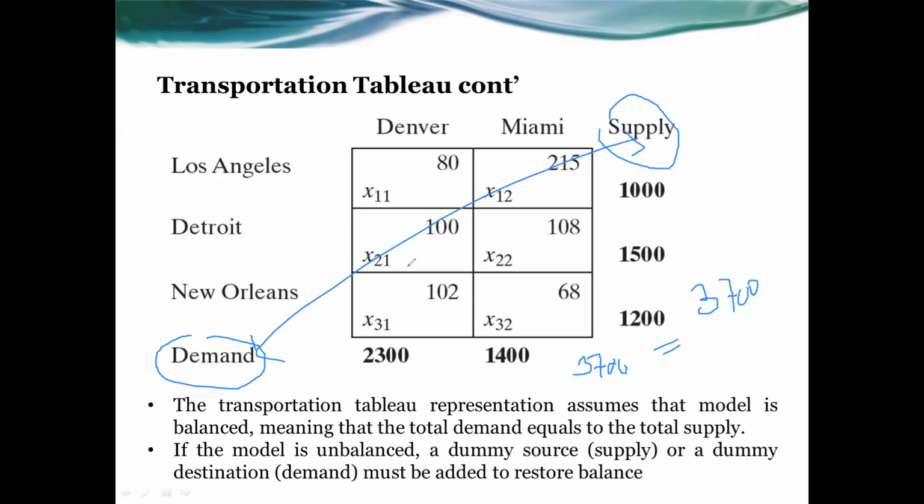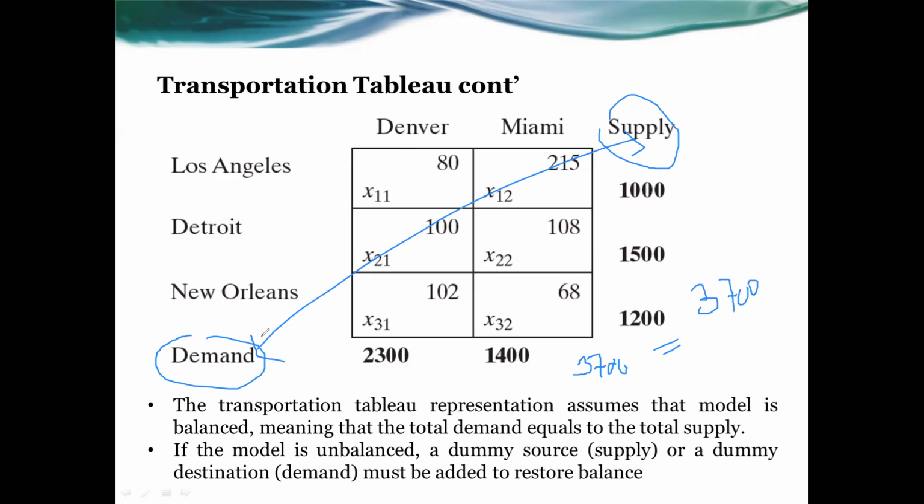That kind of situation we call a balanced transportation Tableau. This is a transportation Tableau where it's balanced. Why do we call it balanced? Because demand and supply are equal. So what if the model is unbalanced?